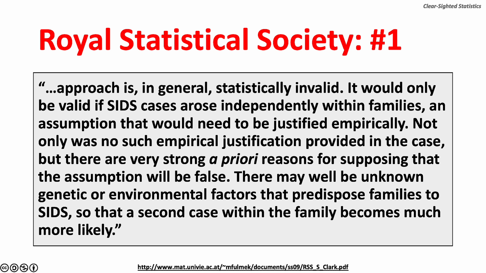Not only was no such empirical justification provided in the case, but there is very strong a priori reasons for supposing that this assumption will be false. There may be unknown genetic or environmental factors that predispose families to SIDS, so that a second case within a family becomes much more likely.